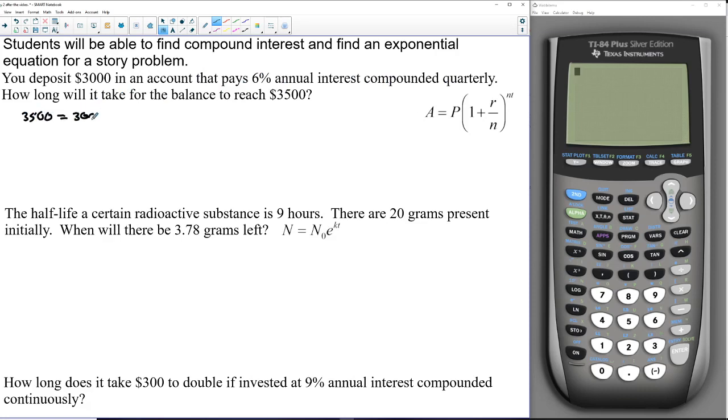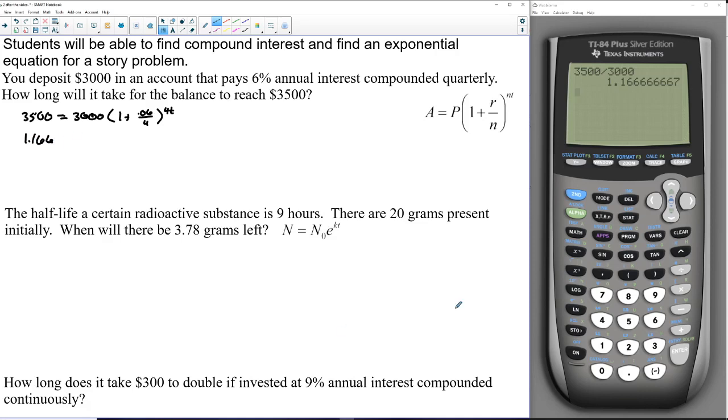Well, that's equal to 3,000 times 1 plus 0.06 divided by 4, to the 4t. Let's take 3,500 and divide by 3,000. We get 1.166.